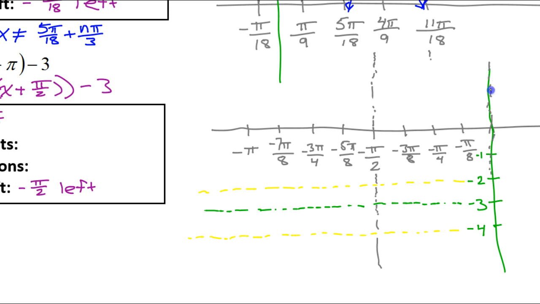I know it's hard to see. And then over here at negative pi, that's another asymptote. But for cotangent, every period begins and ends with an asymptote. And for cotangent, there should be a point right in the middle of each period on the midline. So there will be a point right here, and there will be a point right here.